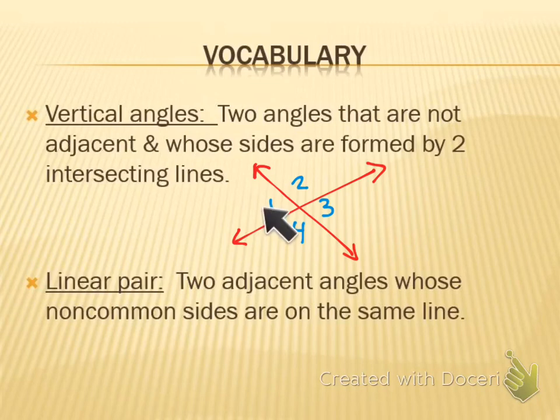Which angle is not adjacent to angle 1? Connor? 3. Okay, I could trace angle 1 and angle 3 without tracing the same ray twice. Okay, so angle 1 is vertical to angle 3. So angle 1 and angle 3 are vertical angles.